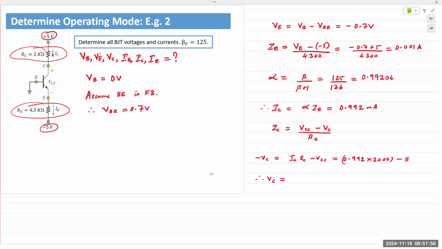And that gives me VC as equal to, what do you obtain? Approximately equal to 3 volts.